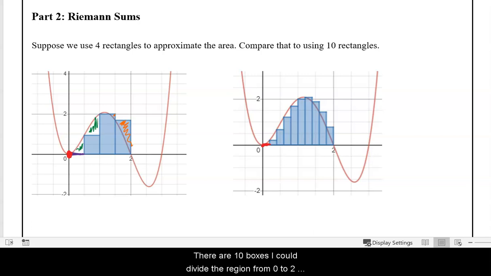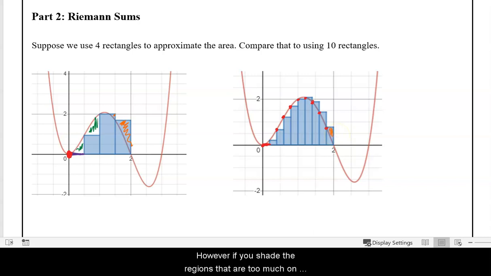Because there are 10 boxes, I could divide the region from 0 to 2 into 10 equal parts, and that will give me the width of each box. The height of each box is again given by the left endpoint, and you can see these touching the curve on the left side. You can tell that again, I am short area on the left where it's increasing, and I have too much area on the right where it's decreasing.